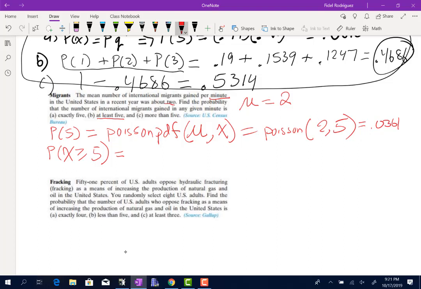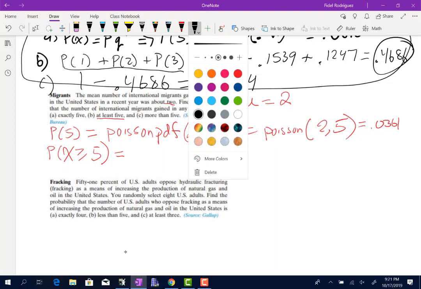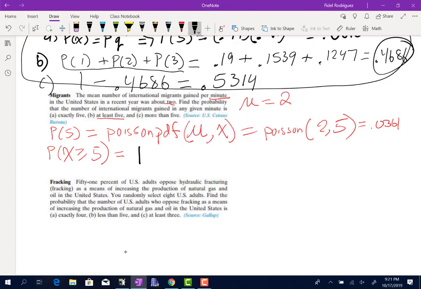So couldn't we say, let's do 1 minus the Poisson CDF with our mu, with our average being 2. And if we want this to be bigger than or equal to 5, that means we want 5 or 6 or 7 or 8 or 9. So if I'm going to start at 5, which are the ones that I'm not including? 4 and so on and so forth, right? So then I'll just do this, right?